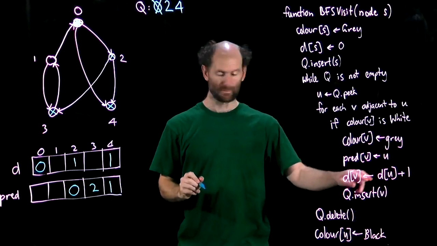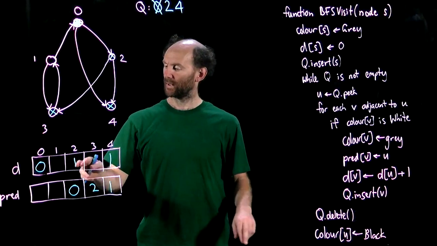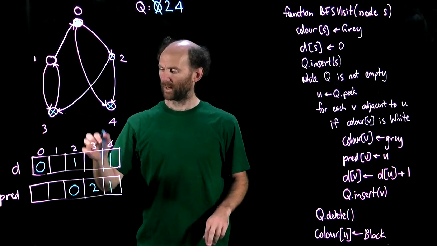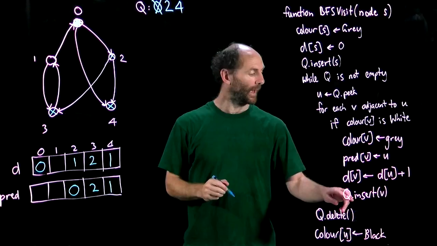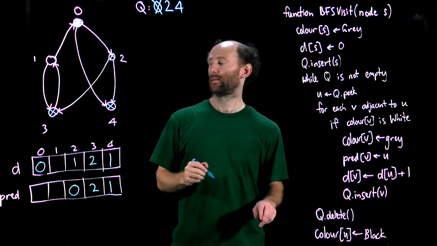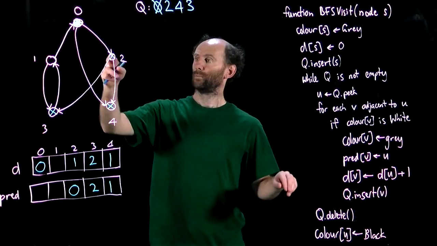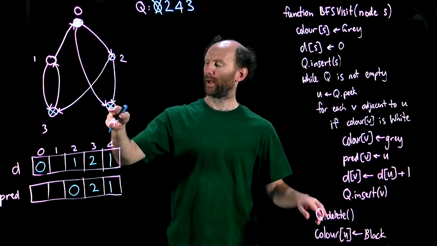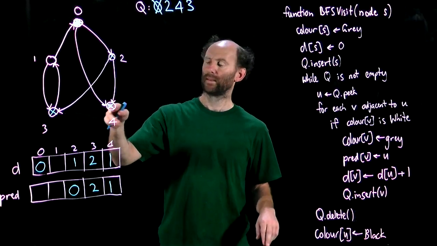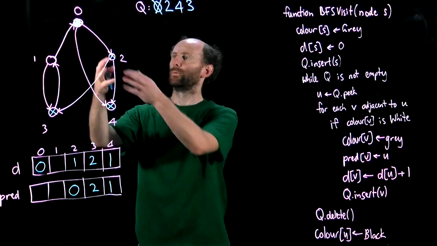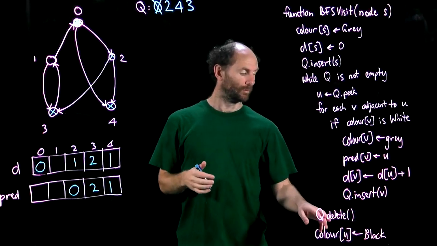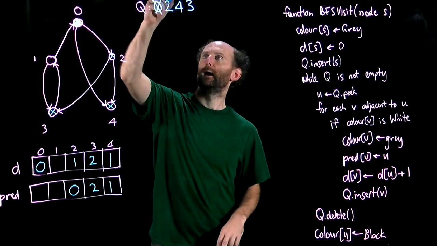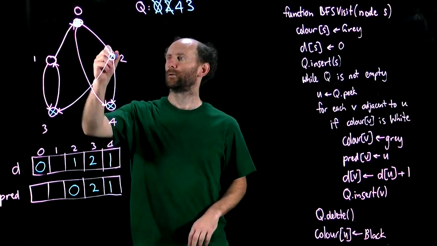And we'll set the depth to be the depth of 2 plus 1. So that is also 2. And we'll insert 3 into our queue. We check the other out neighbour of 2, but that's already grey, so we've got nothing more to do with 2. We'll delete it from our queue and we'll colour it black.